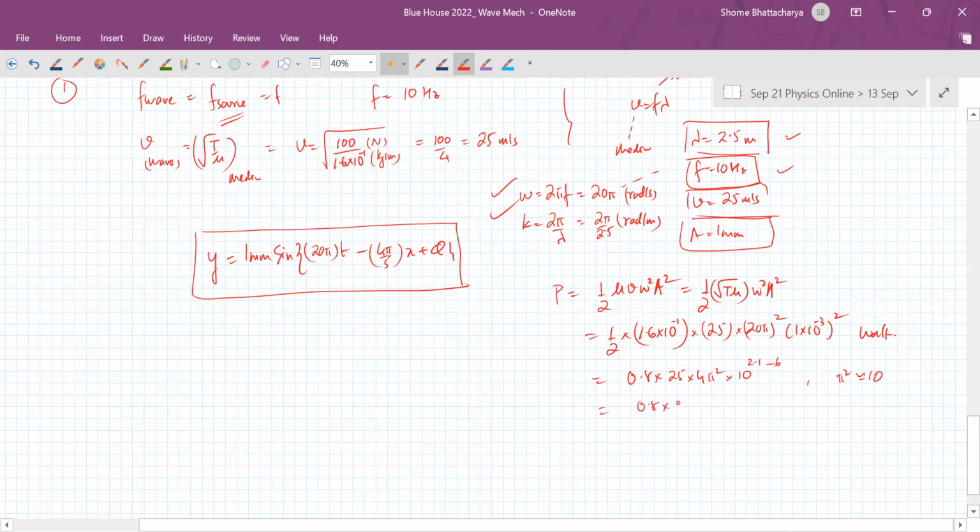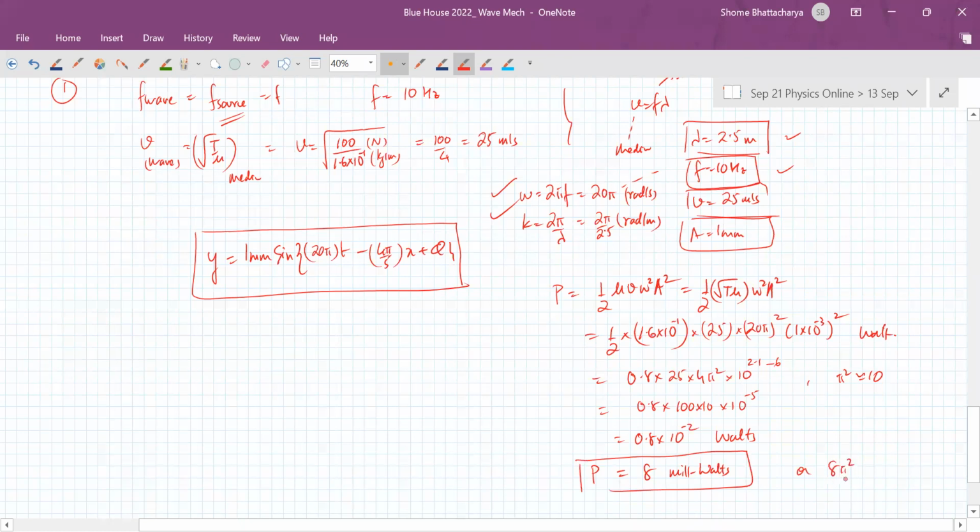So 0.8 into 25 into 4, that's 100, into 10, into 10 raised to minus 7 plus 2, so minus 5. So 0.8 into 10 raised to power minus 2 watts. Or you can say it is 8 milliwatts. Approximately 8 milliwatts, taking pi square as 10. Or we can say that it is 8 pi square by 10 milliwatts.